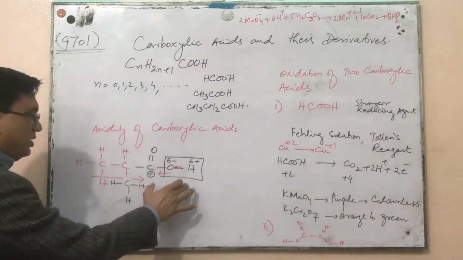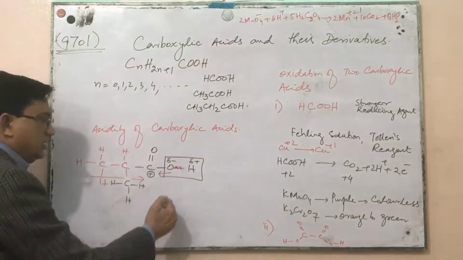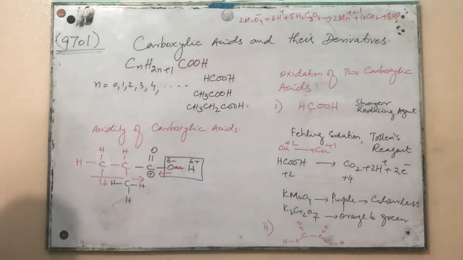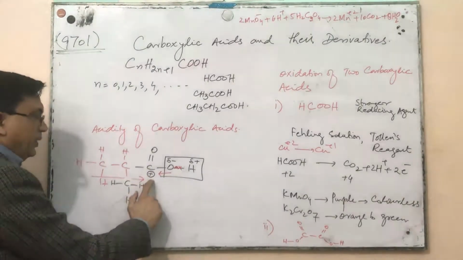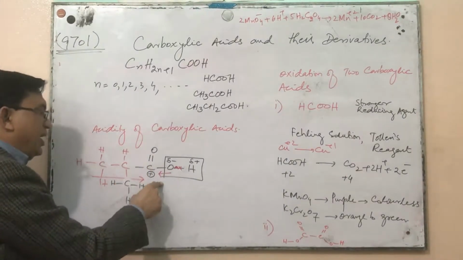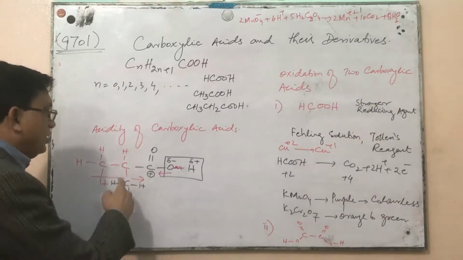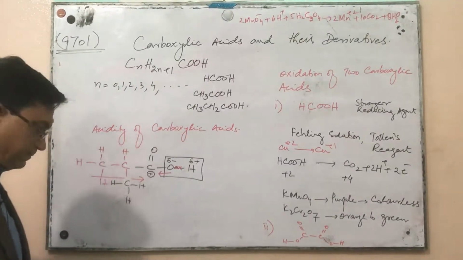The acidic strength of this 2-methyl propanoic acid will be lesser than just propanoic acid, and that will be lesser than ethanoic acid, and ethanoic acid will have lesser acidic strength than methanoic acid.